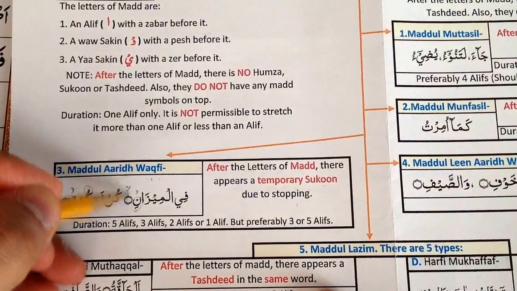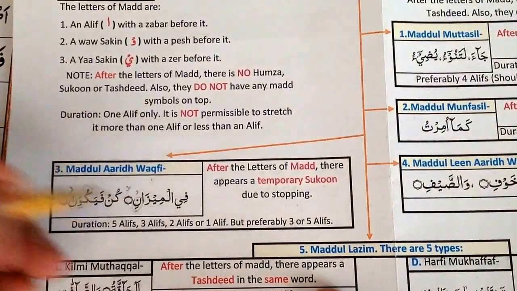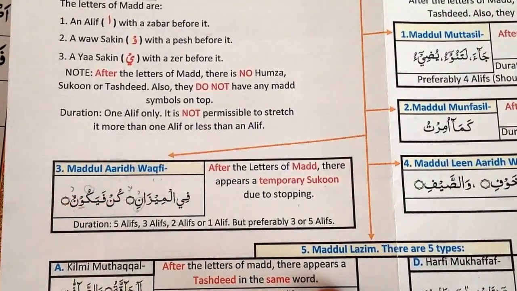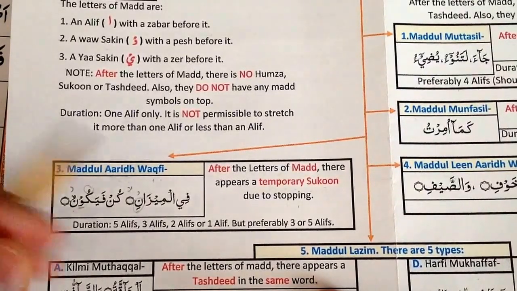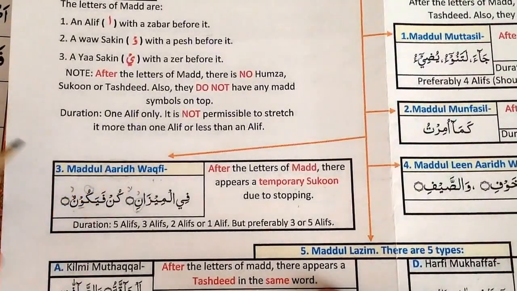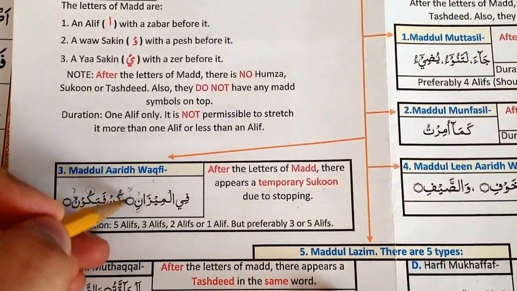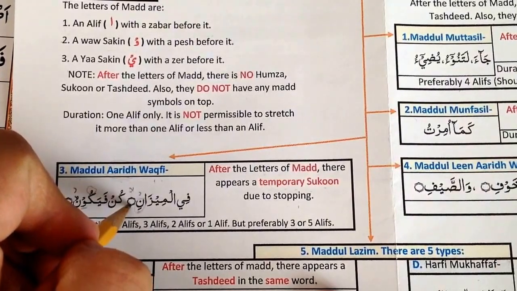This means that a person has a choice: he can either stop here or he doesn't have to stop there. I hope you remember in the symbols of waqf we learned about lam alif, that when you see a lam alif in the middle of the ayah, it means do not stop. But when you see a lam alif with the ayah symbol, that means you have an option either to stop or not to stop.